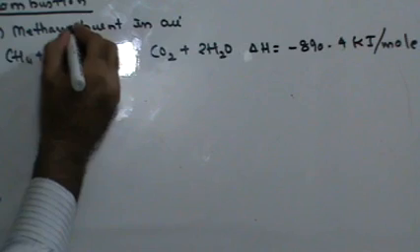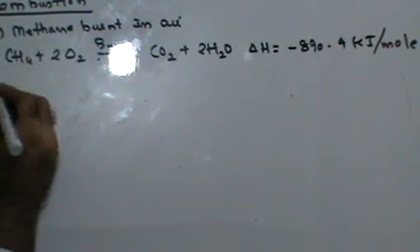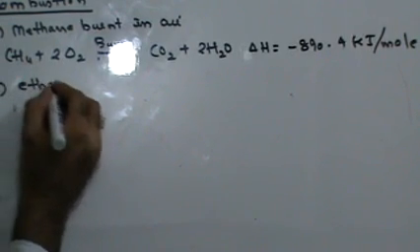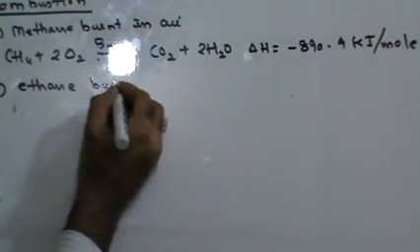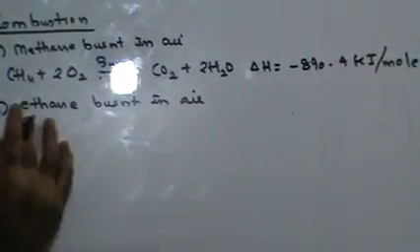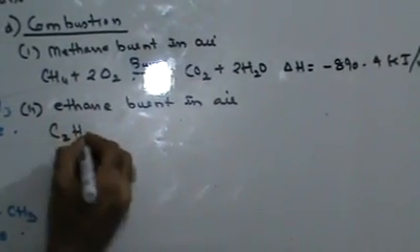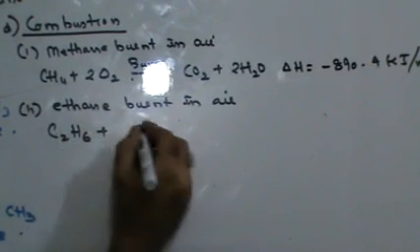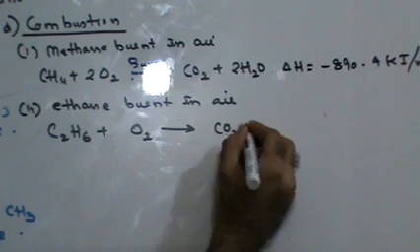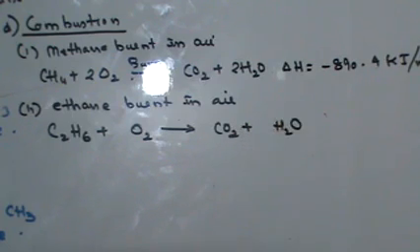Instead of methane, had I given you, say, ethane. Suppose I give you ethane is burnt in air. Ethane is C2H6 burnt in air. Any organic compound burnt in air should give you carbon dioxide and water. Now the only question is, how do I balance this, right?